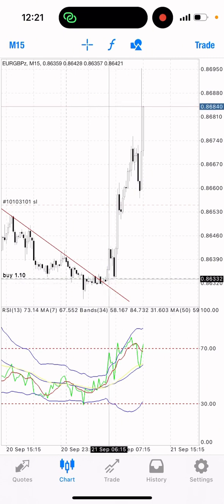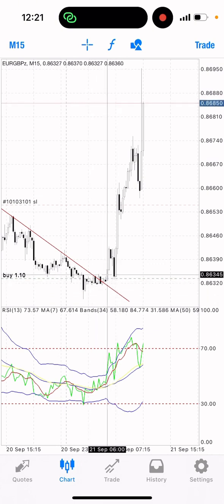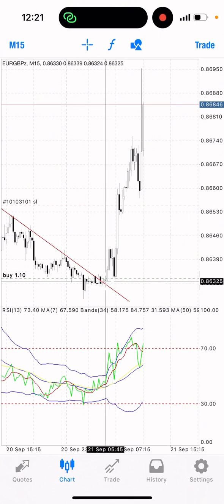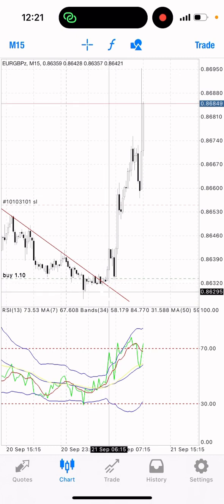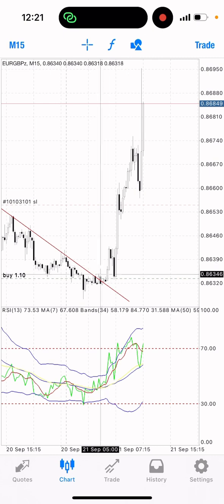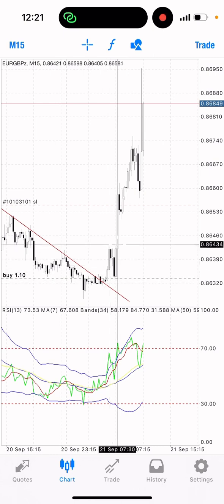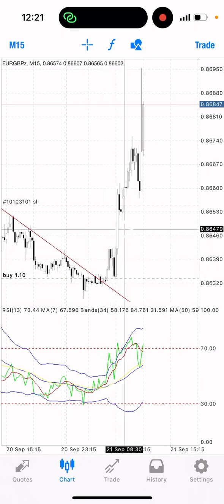For my stop loss, I'm planning on closing all the trades if the market still moves below this moving average. But after entering the trade, the market started going up. There was no drawdown.